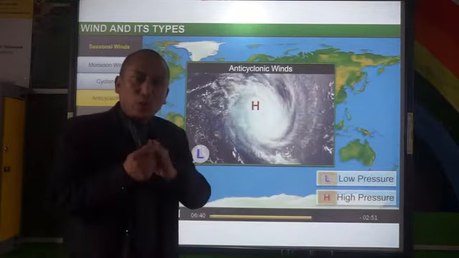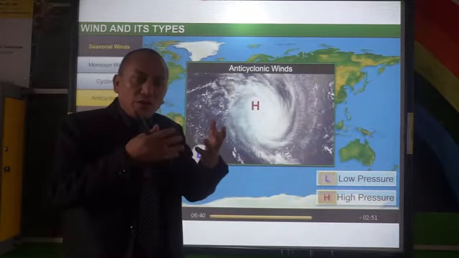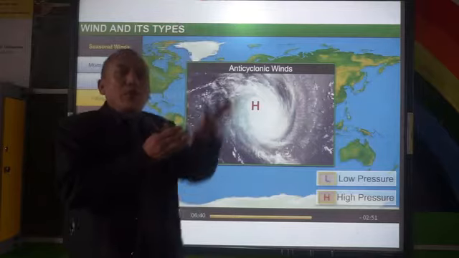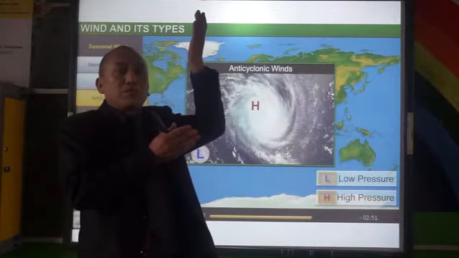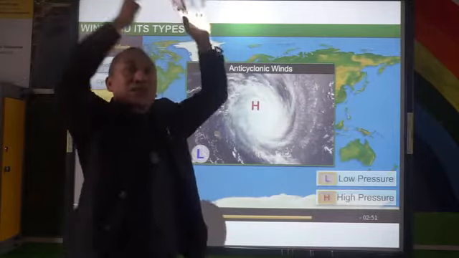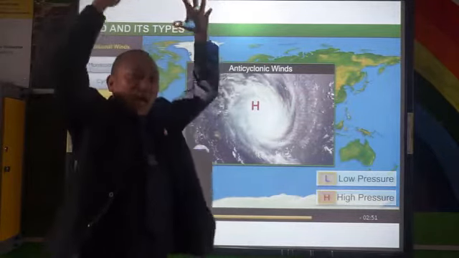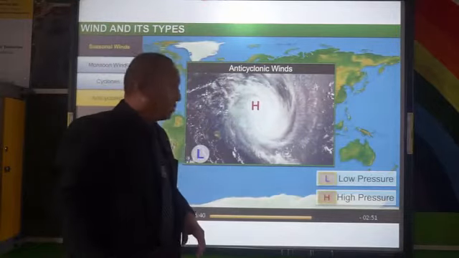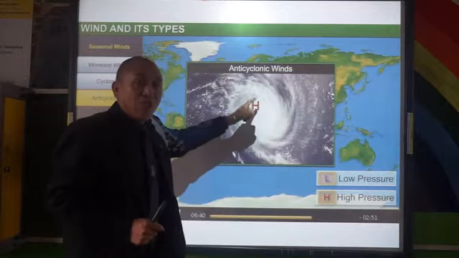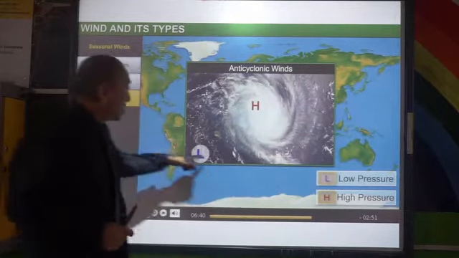But in case of cyclones, the low pressure is in the center, and as the warm air is pushed up, it condenses. The warm air pushes higher and higher, condensation takes place, clouds are formed, and then it starts to rain. But in anti-cyclones, in the center we have a high pressure, but the surrounding has low pressure.